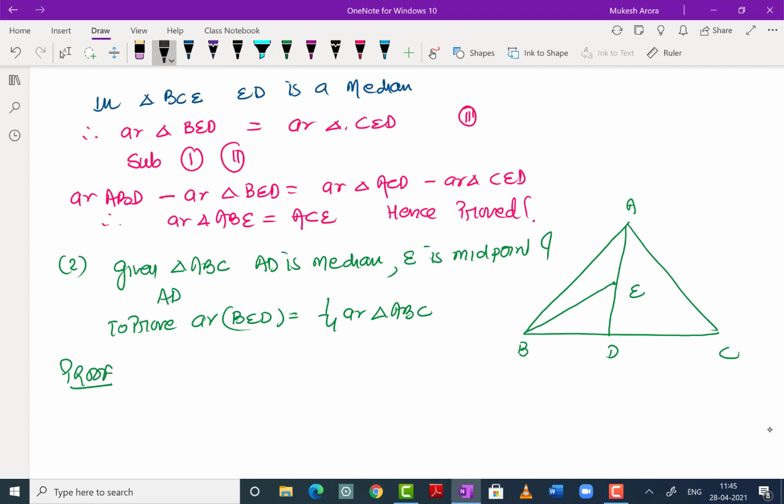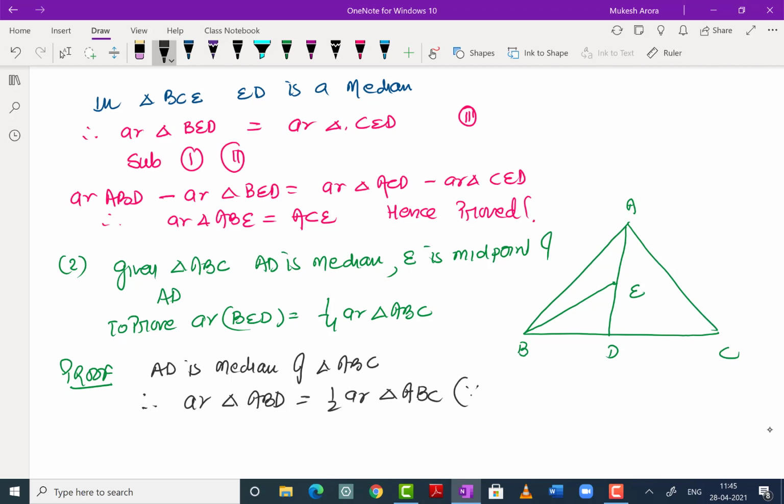Proof. AD is median of triangle ABC. Therefore, area of triangle ABD is half the area of triangle ABC, because median divides triangle into two equal parts.